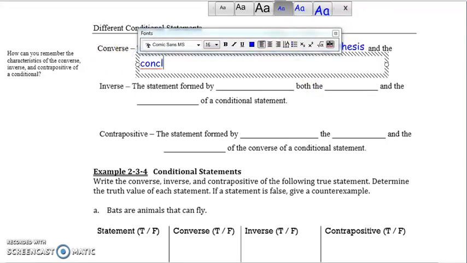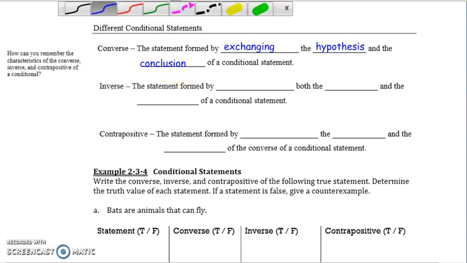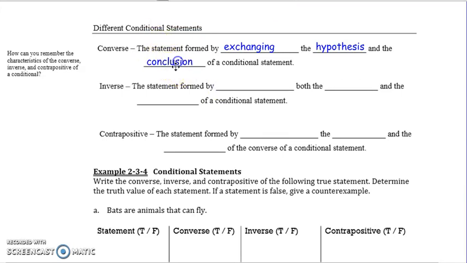So we're switching those to be the reverse. We're going to put the conclusion first, then the hypothesis. So that's called the converse.